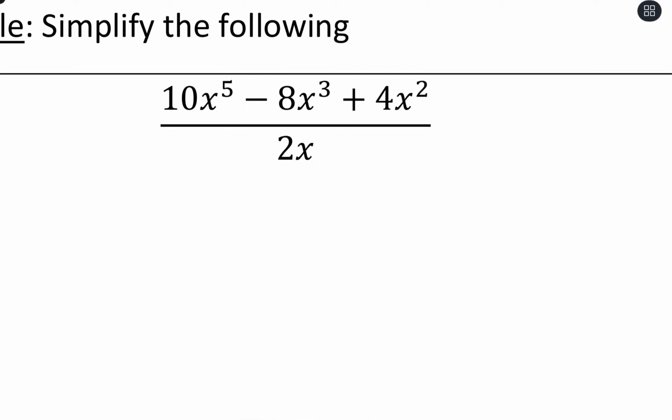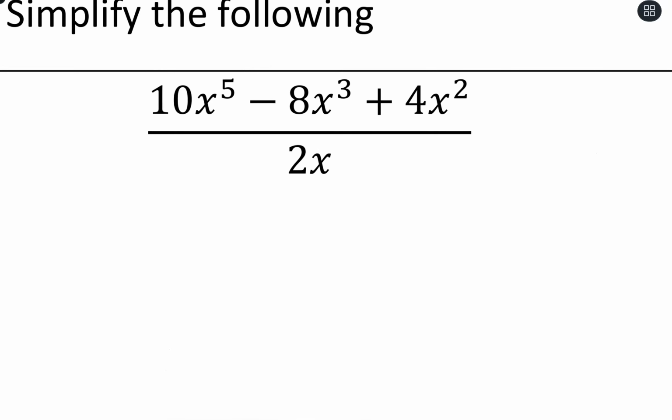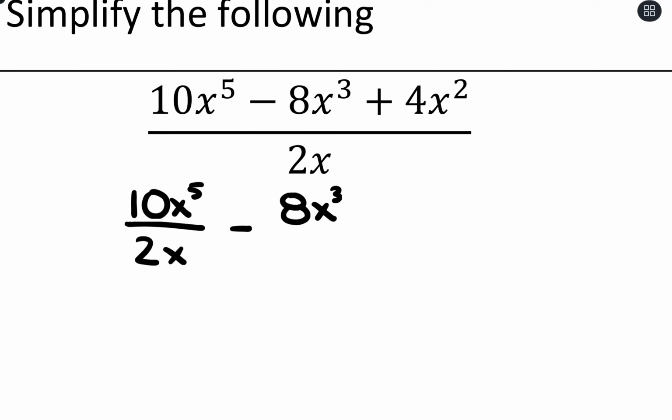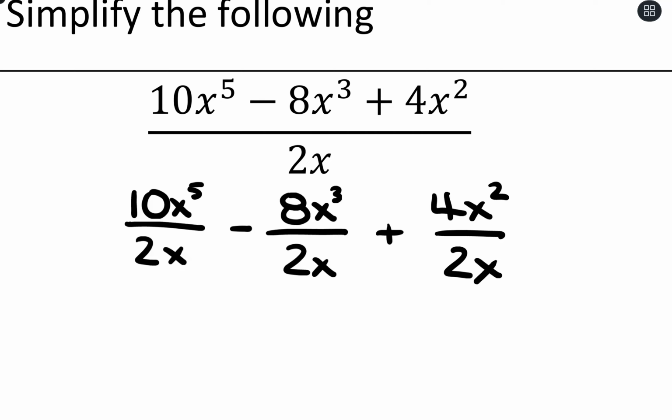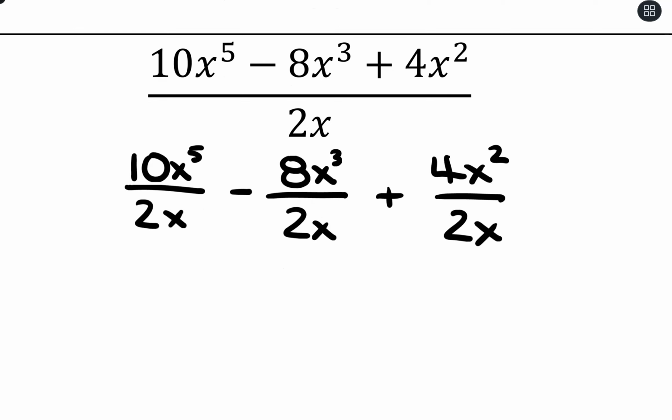Okay, when you're dividing by a monomial, what you can do is separate up this division. So you could think of it as 10x to the 5th over 2x minus 8x cubed over 2x plus 4x squared over 2x. And by doing that, it'll be a little simpler to simplify term by term.